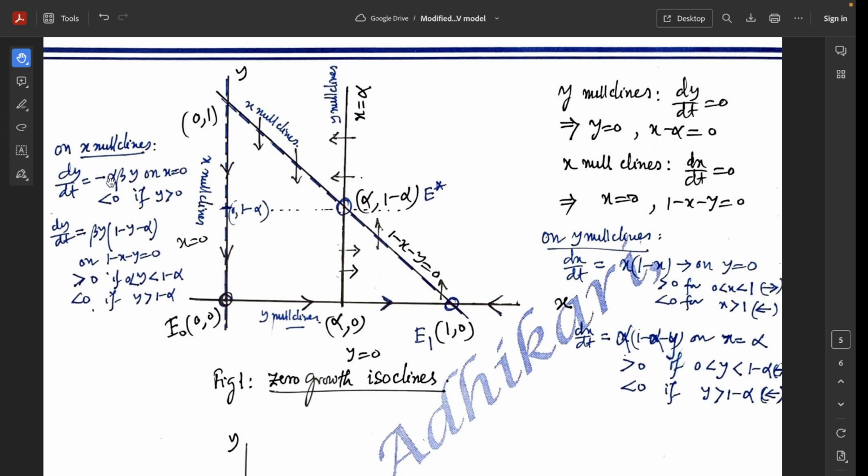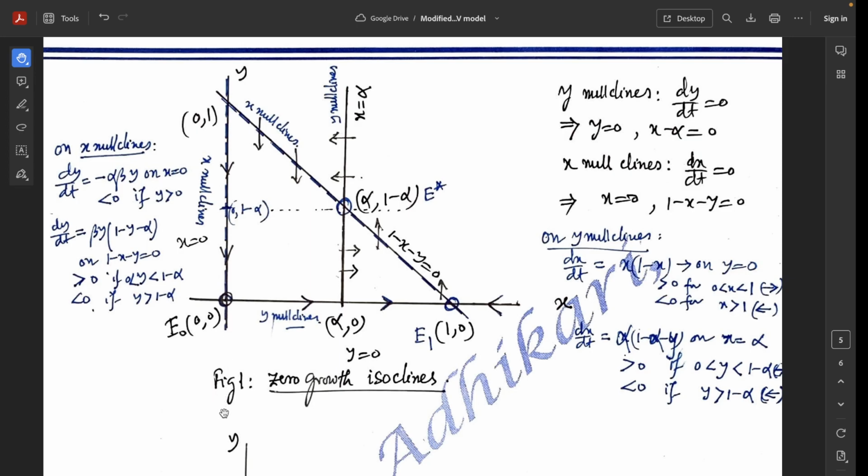Obviously alpha and beta are positive, so this is negative for y greater than 0. So for y greater than 0, this is negative, and obviously we put a down arrow for the y greater than 0 portion on these x null lines. On this line x equals 0, it is positive when y is negative.